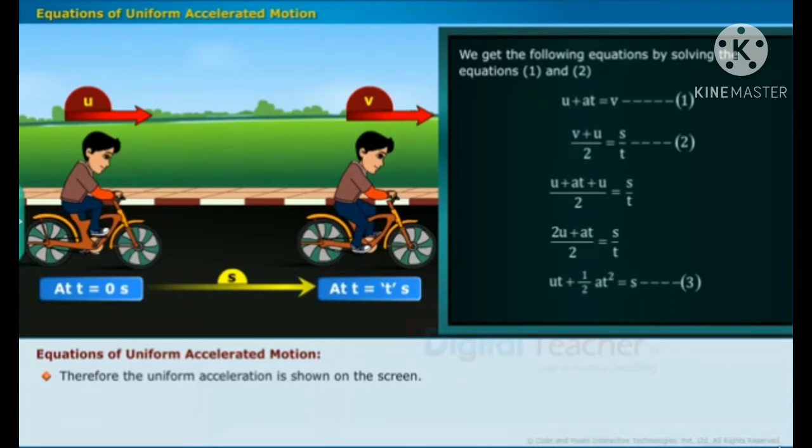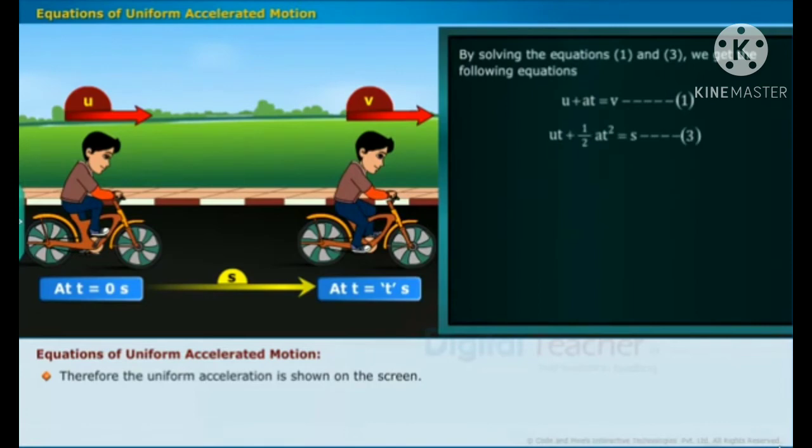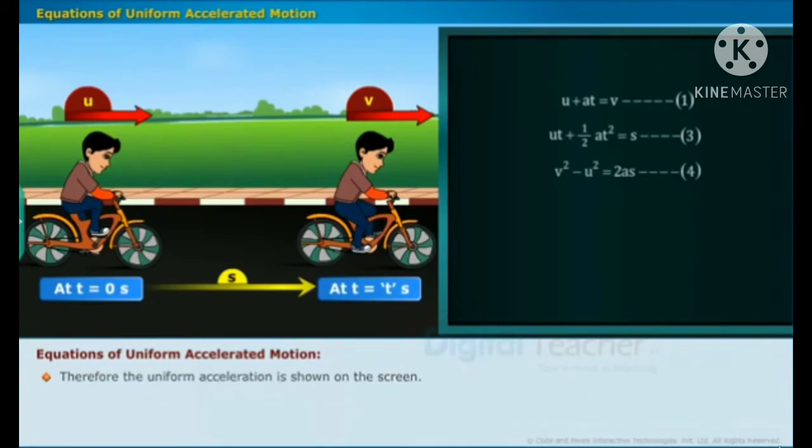Consider it as equation number 3. By solving equations 1 and 3, we finally get v square minus u square is equal to 2as. Consider it as equation number 4. The equations of uniformly accelerated motion are shown on the screen.